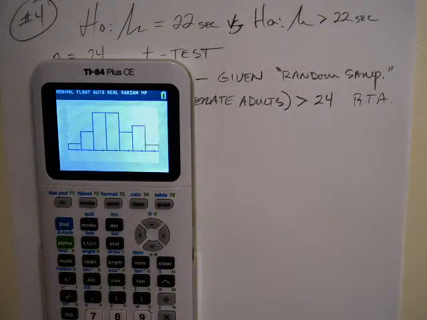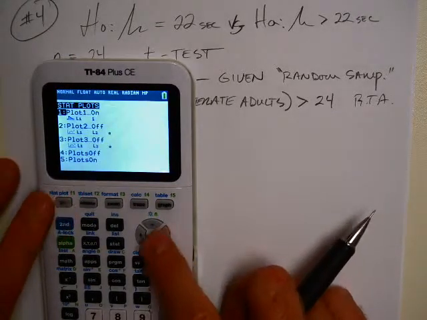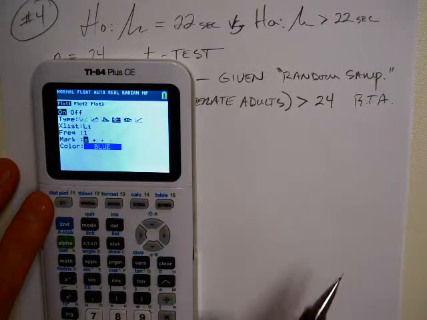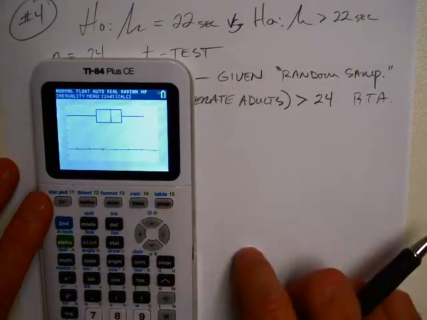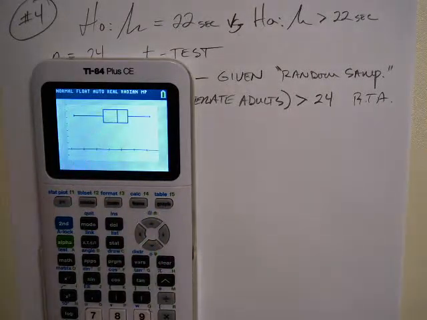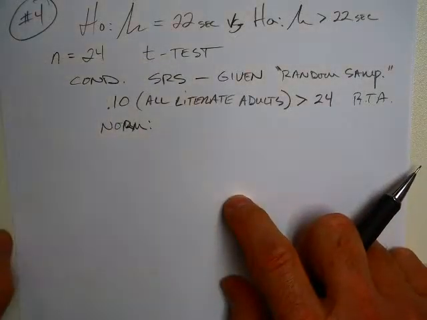Have a look at that. That looks pretty normalish to me. I mean, it doesn't have to be perfect. Just for the fun of it, I'm going to have a look at the box and whisker. And again, no outliers, no crazy skews. So I think we are good to go.